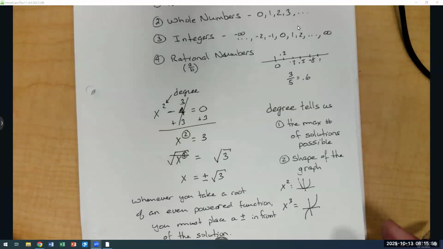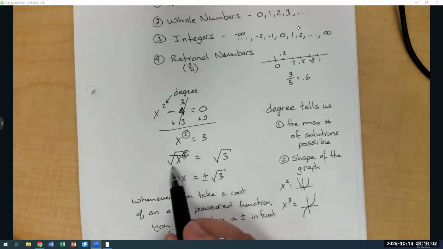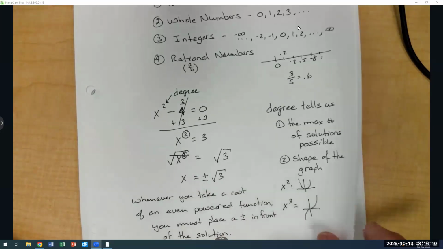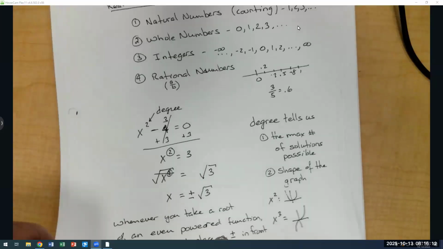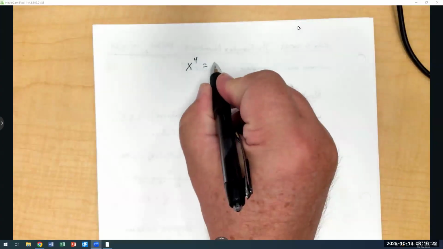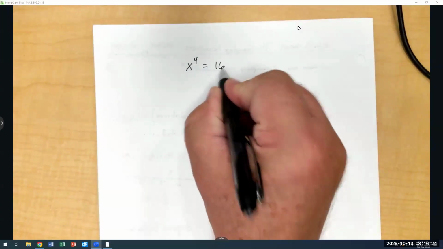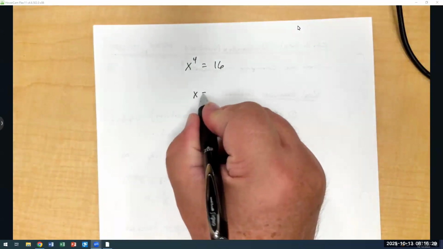What if it was x to the 4th? What would I take? Here I took a square root of both sides. What would I take? So if I had x to the 4th equals 16, how do I get x by itself?